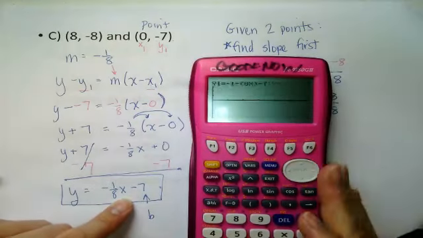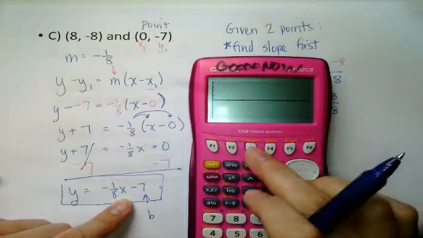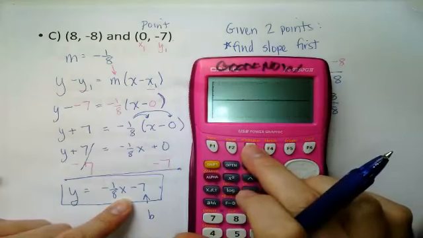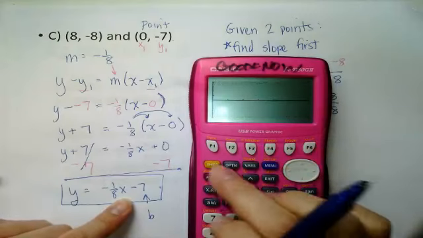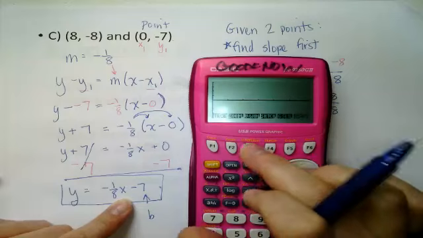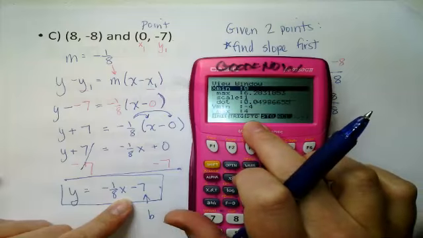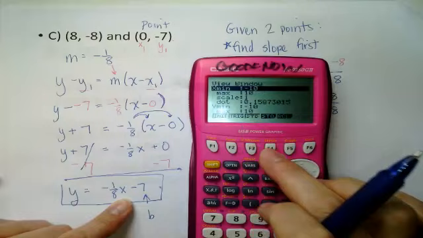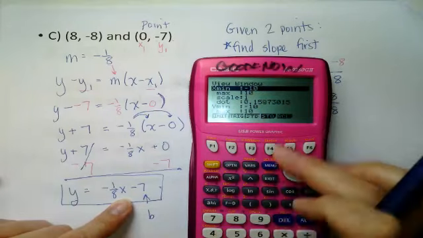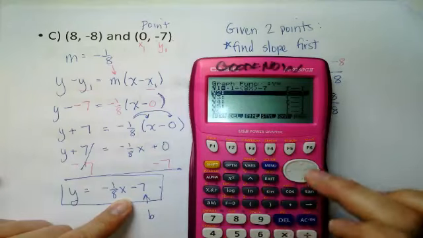And I'm going to draw that. Ew, that's a bad window. I don't like that window, so I'm going to go to viewing window. You can see it here in yellow. On the TI, that'd be zoom. So I'm going to do shift viewing window, and this right here in the middle is a regular standard window. So F3 resets to a standard window. And I can exit and draw now.